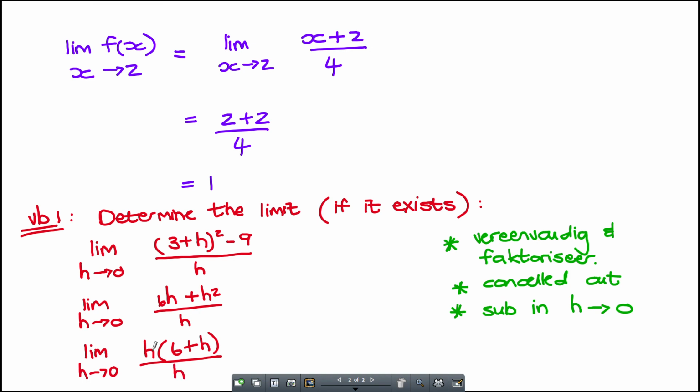Then we cancel these out. So what will then be left? Still got to write limit h strives to 0, 6 plus h, and now I substitute. If h is 0, then it's 6 plus 0. So in other words, equal to, and now you'll see I leave out the limit, 6.